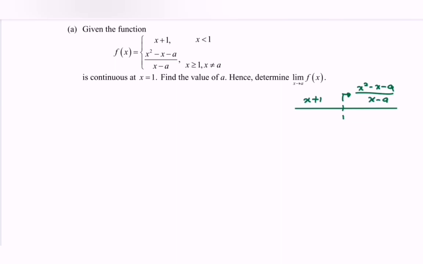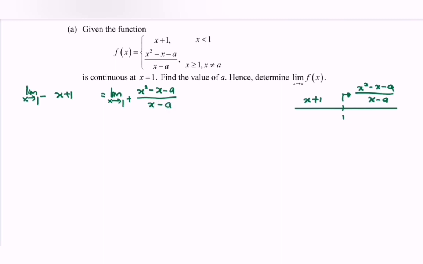Focus on the question. They said continuous at x equals 1. So in order to find the value a, the limit when x approaches 1 from the left is the same as the limit when x approaches 1 from the right. For the function, x plus 1 on the left and (x squared minus x minus a) over (x minus a).